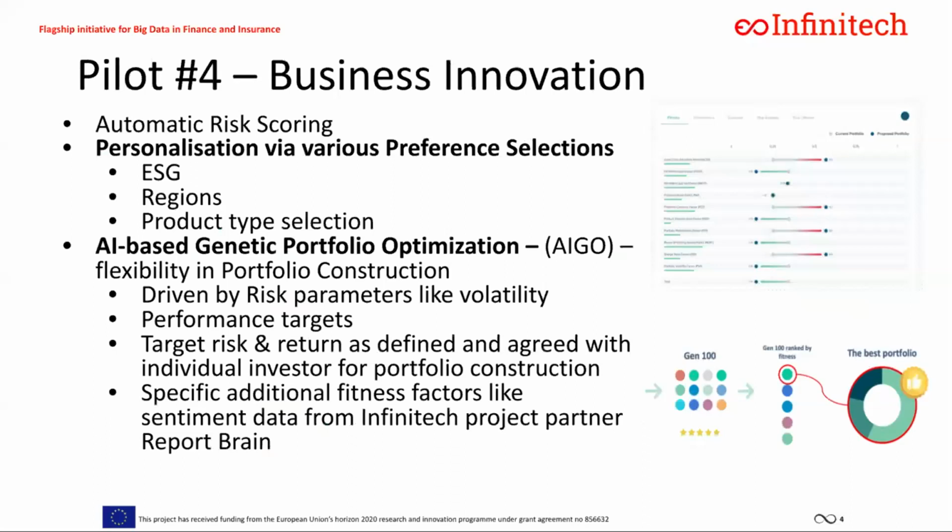Generally, the main business innovation of the pilot is the possibility of creating even smaller customer portfolios in a much more personalized manner, as we see that right now many institutions are not able to do so, or it is way too expensive to provide such personalized portfolios for smaller portfolios and on individual levels.